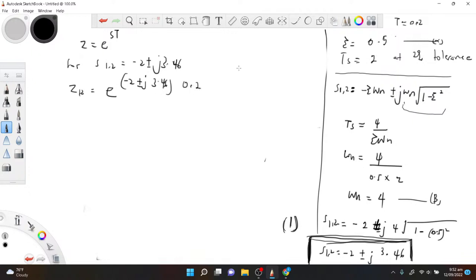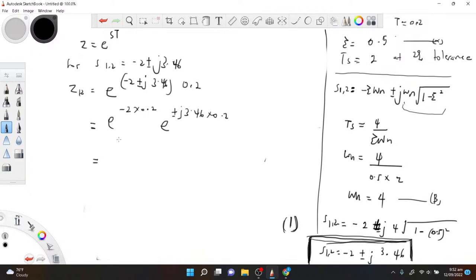They gave us T. Now group this as a product of indices: e to the minus 2 times 0.2 multiplying e to the plus or minus j 3.46 times 0.2.